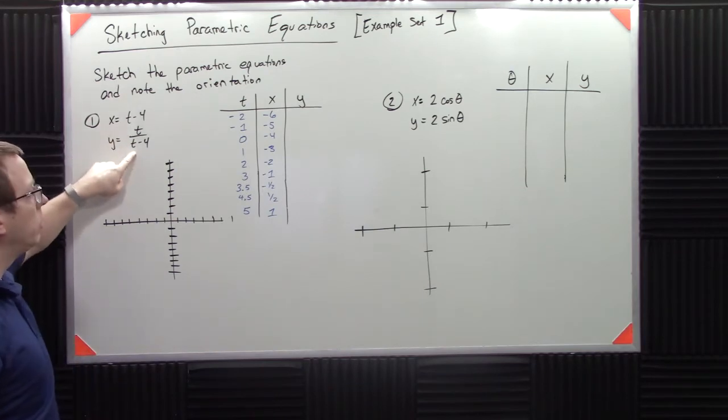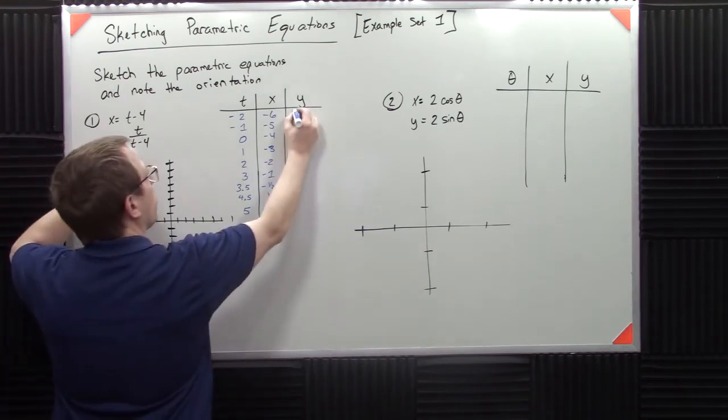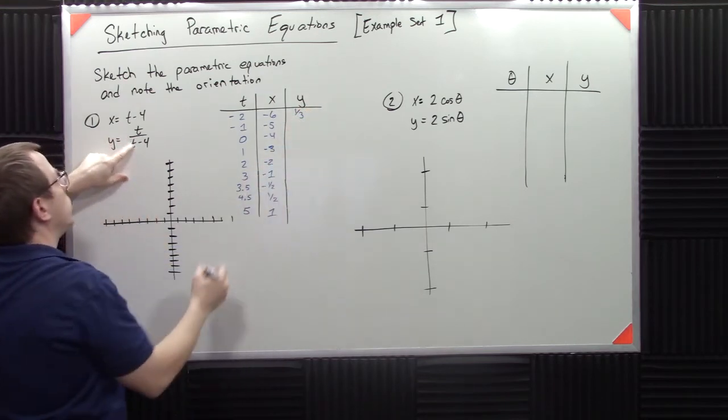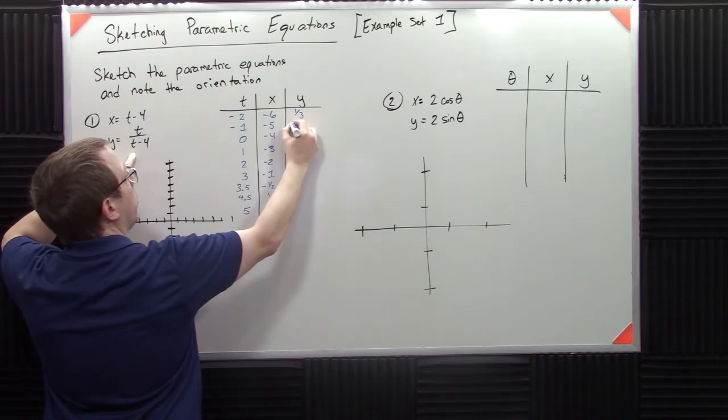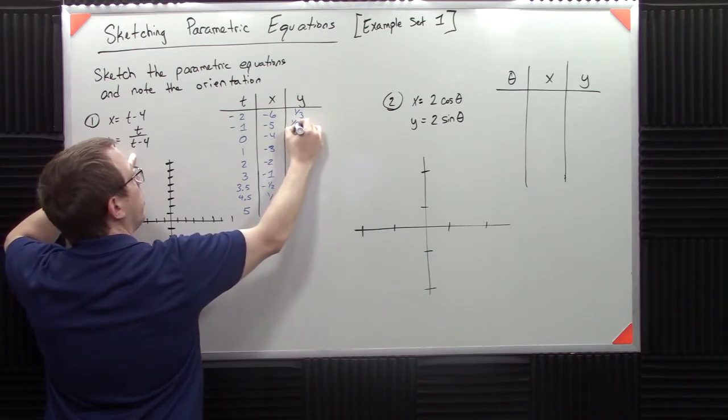-2 divided by -6 is 1/3. -1 divided by -5 is 1/5.